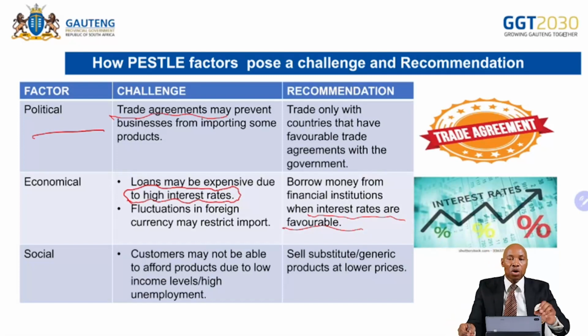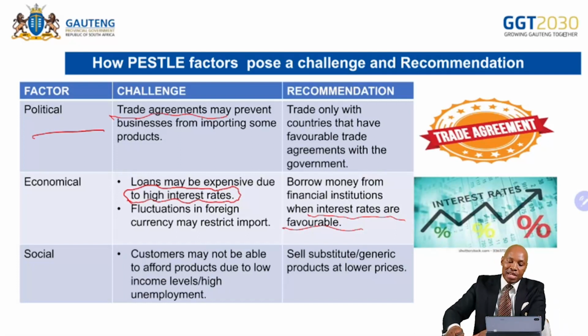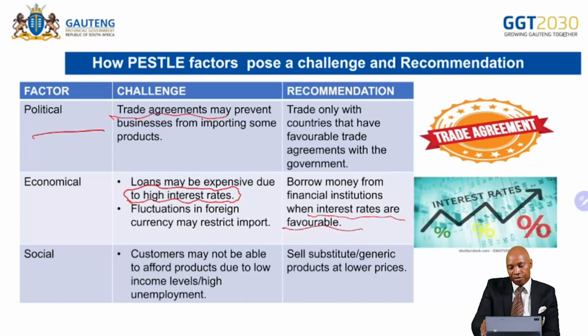By making loans expensive. Our recommendation is therefore based on the interest rate, which is why we are saying borrow money from the financial institution when the interest rates are favorable. You can see from this picture the interest rates growing up. So you need to wait for the interest rates to be favorable, then you can borrow money.